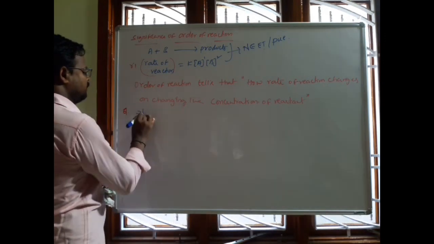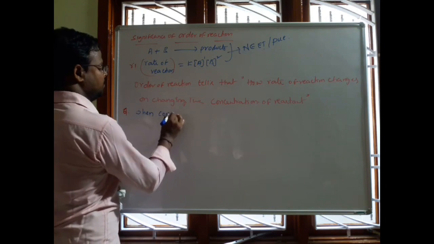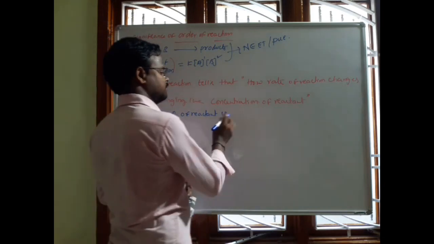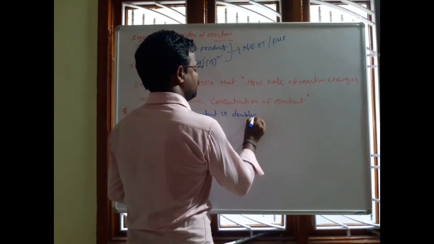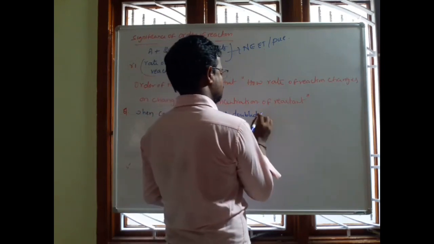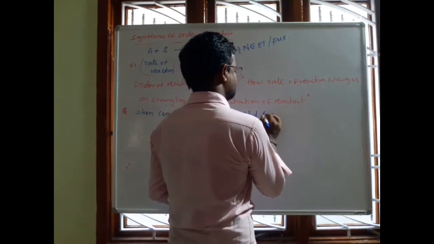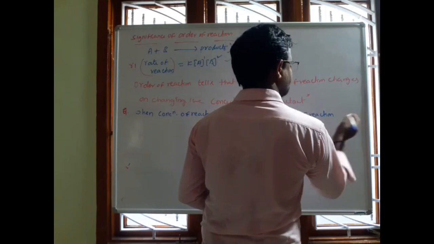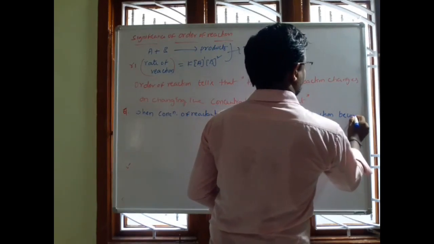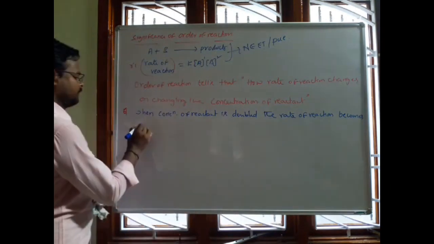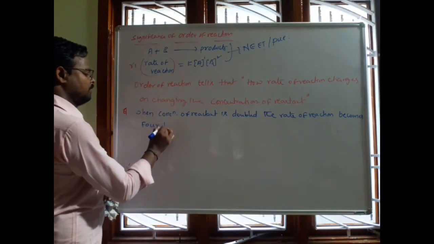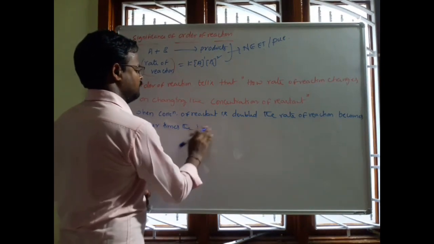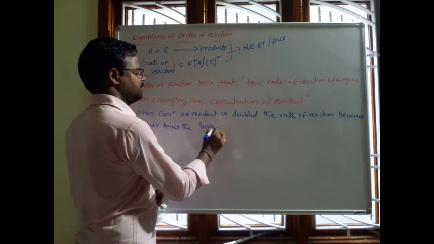When the concentration of the reactant is doubled, the rate of reaction becomes 4 times the initial rate.